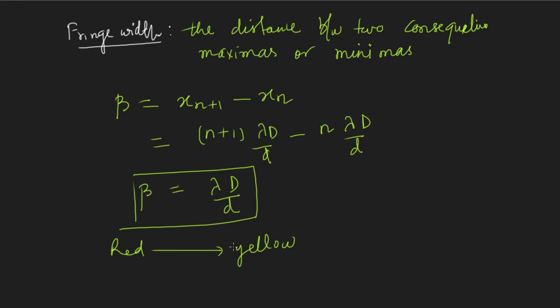So I will have a broader pattern. This is what we expect from interference fringes, that as we reduce the slit separation, we get a better interference pattern, but still there is a limit. Similarly, if I increase D, then again beta will increase. So these are some important results we get from this expression, and we can understand the interference pattern more nicely.